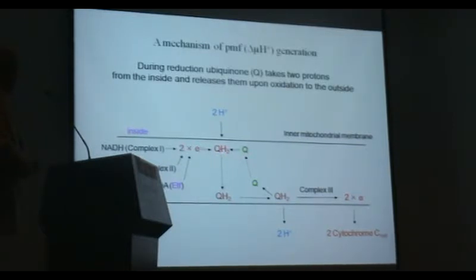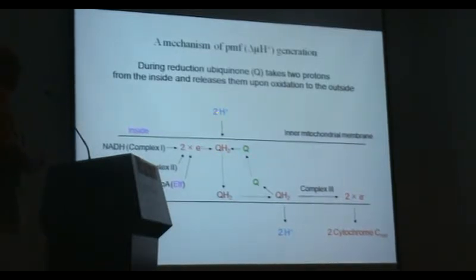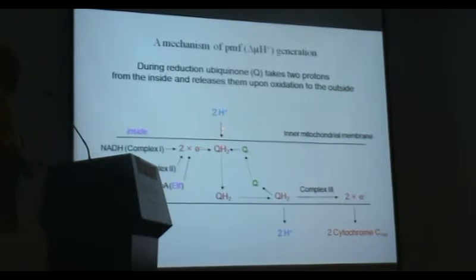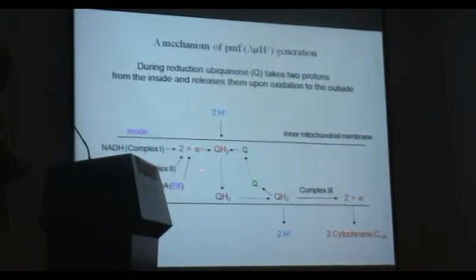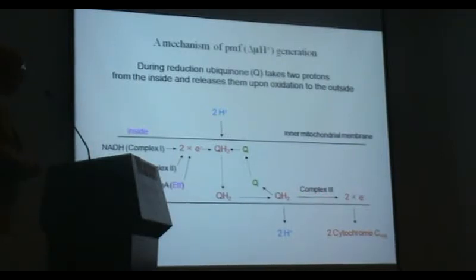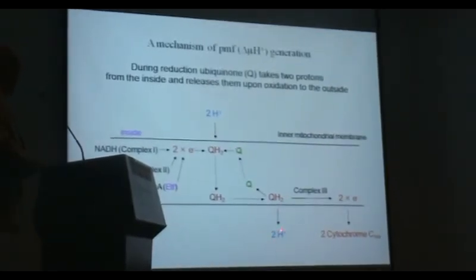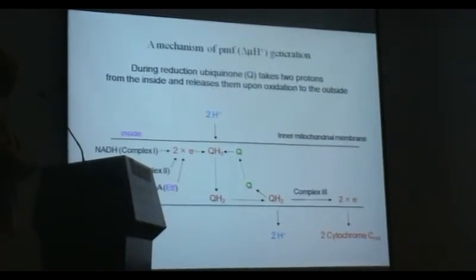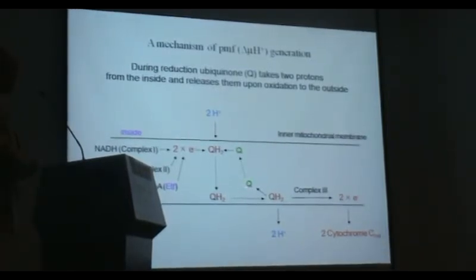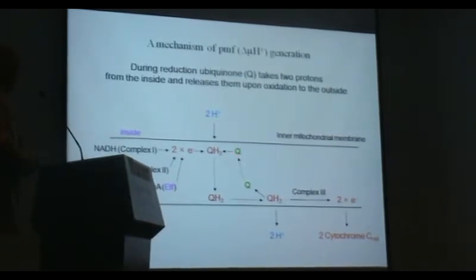In order to reduce this quinone, you take 2 protons from the inside of the mitochondria. Then the reduced quinone swims to the outside, where it is oxidized by complex 3 of the respiratory chain and finally by cytochrome c, and thereby 2 protons are released to the outside, and the oxidized quinone swims back to the inside.